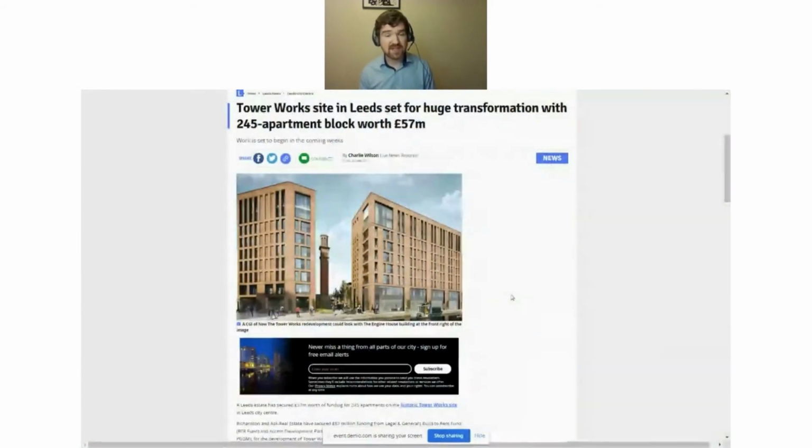This is one example of one such development in the great city of Leeds. This is a site called Tower Works, where Legal & General, the insurers, have invested to build this build to rent accommodation.